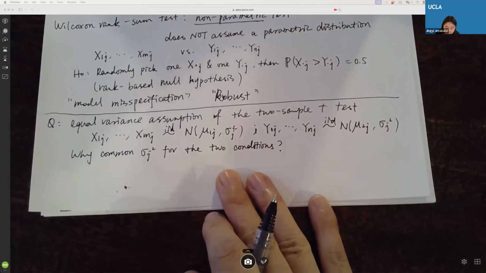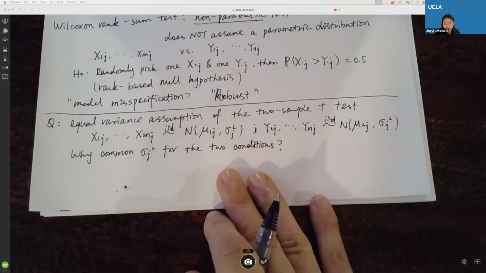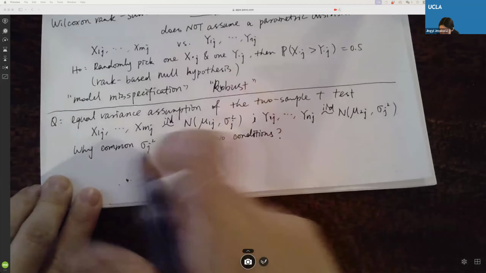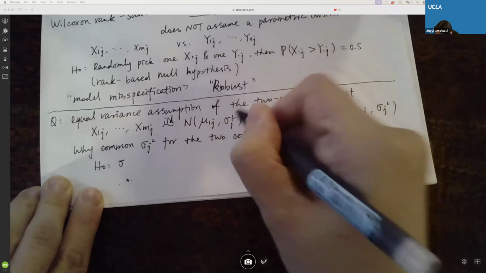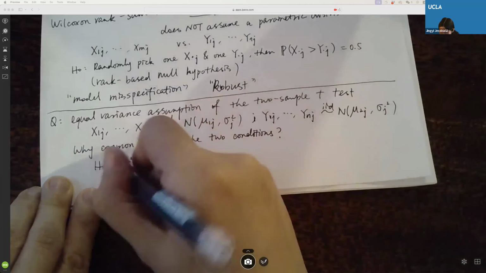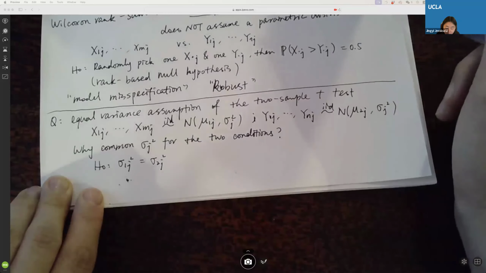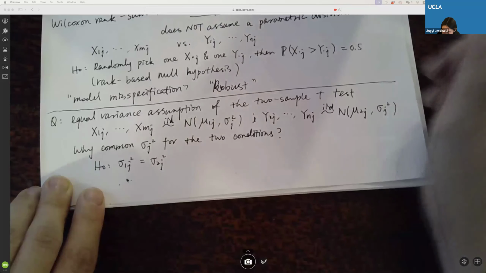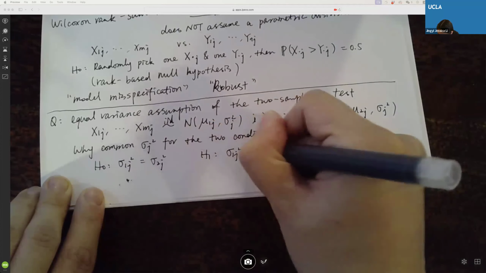And to answer this question, maybe you will say, why can this not be a test problem? Can I have a null hypothesis, if I write it as sigma 1j squared for condition 1 and sigma 2j squared for condition 2, can it directly have a null hypothesis for this and an alternative hypothesis to say that they are not equal?